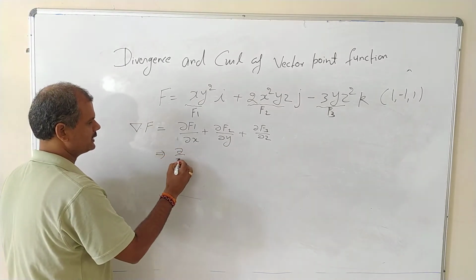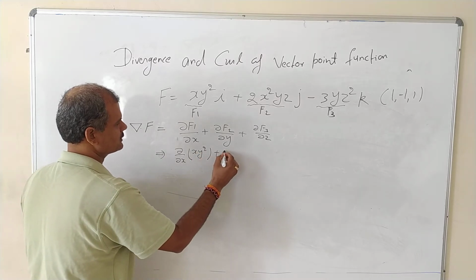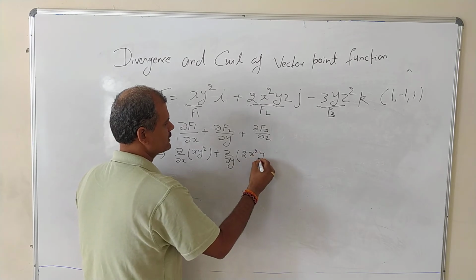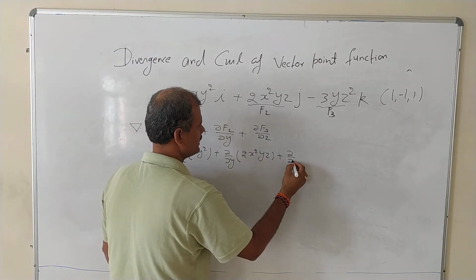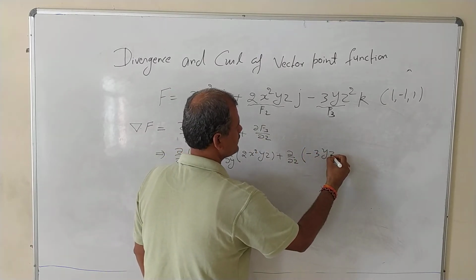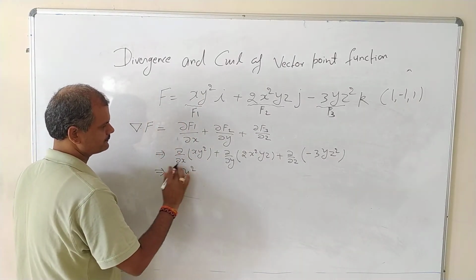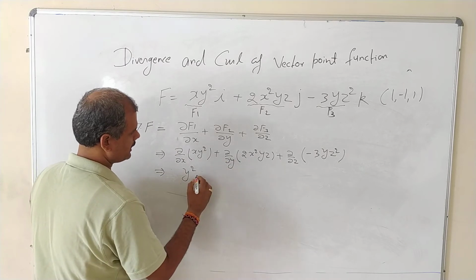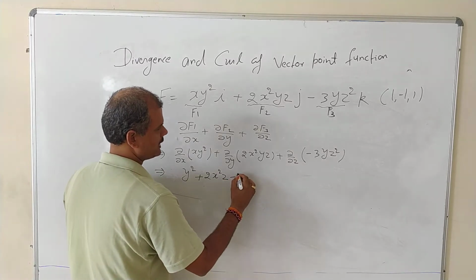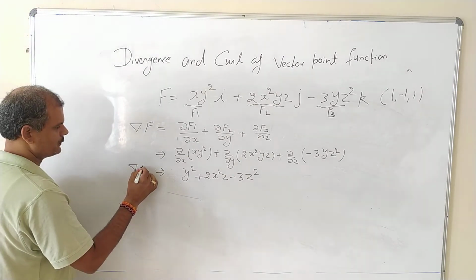So this will be ∂/∂x of xy² plus ∂/∂y of 2x²yz plus ∂/∂z of -3yz². So this will be y², and 2x²z, and -3z². This is the gradient of F.